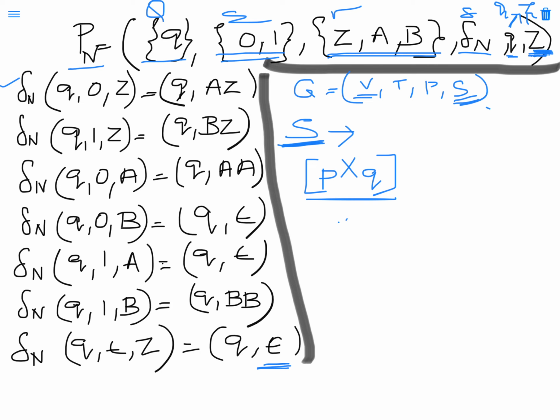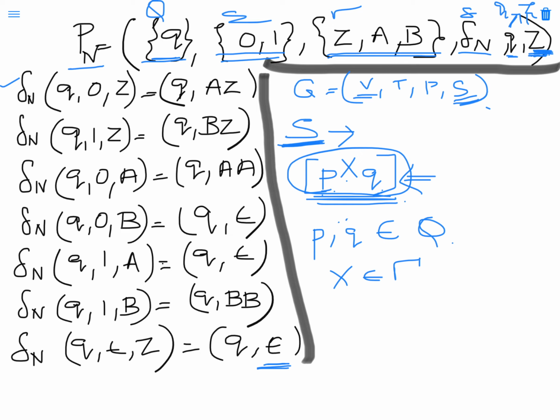The other set of variables will be denoted like this, that is PXQ, where P and Q are the states in capital Q. You know that from the PDA itself, and in our example we have only a single state, that is Q. So the variables for this PDA will be denoted PXQ, where X is an element of the stack symbols, and P and Q are elements of Q. This you need to keep in mind.